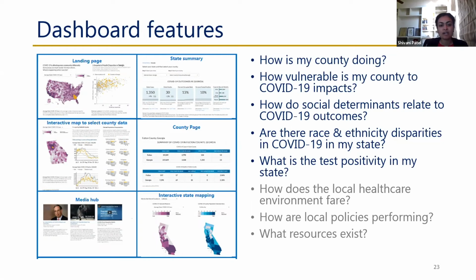We also have a media hub and an interactive state mapping page. The ultimate goal is we want users to be able to go to the dashboard and find out how their county is doing, how vulnerable their county is to COVID-19 impacts, how the social determinants of health relate, and how different racial and ethnic groups are experiencing the pandemic in one's county.